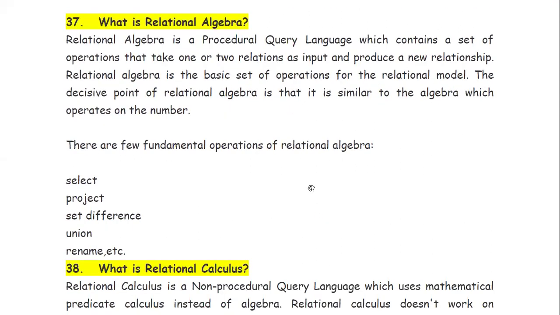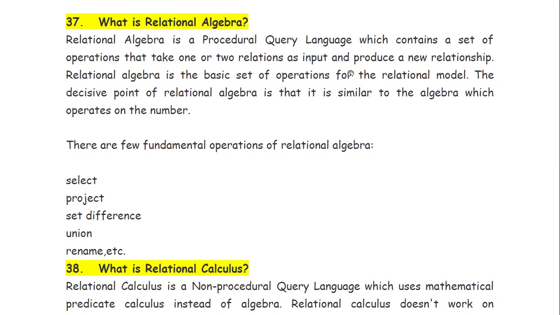Well, next question is, what is relational algebra? Relational algebra is a procedural query language. Remember, relational algebra is a procedural query language which contains a set of operations that take one or two relations as input and produce a new relation.